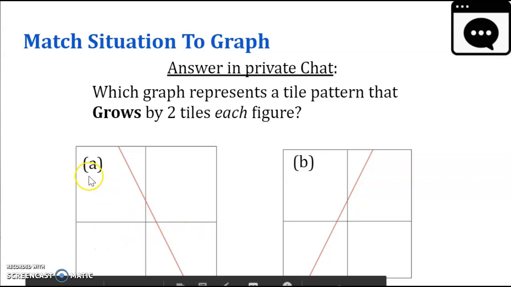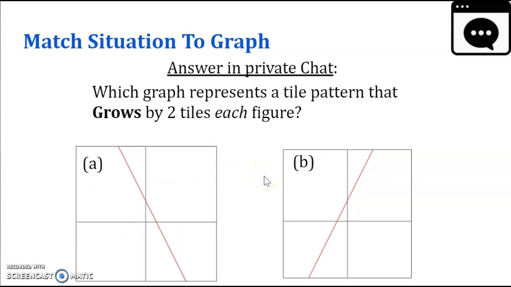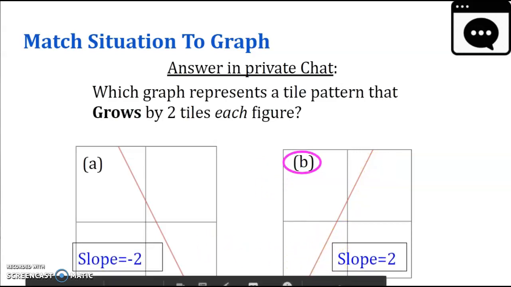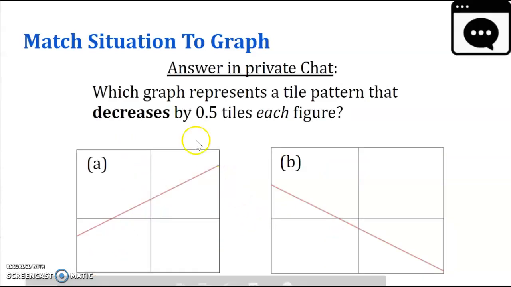So would you expect it to be A or would you expect it to be B? Well, the correct answer is B, because the slope is positive here. It's increasing. That's what the increasing slope means, that the output is increasing, as opposed to slope here is negative and it's decreasing.